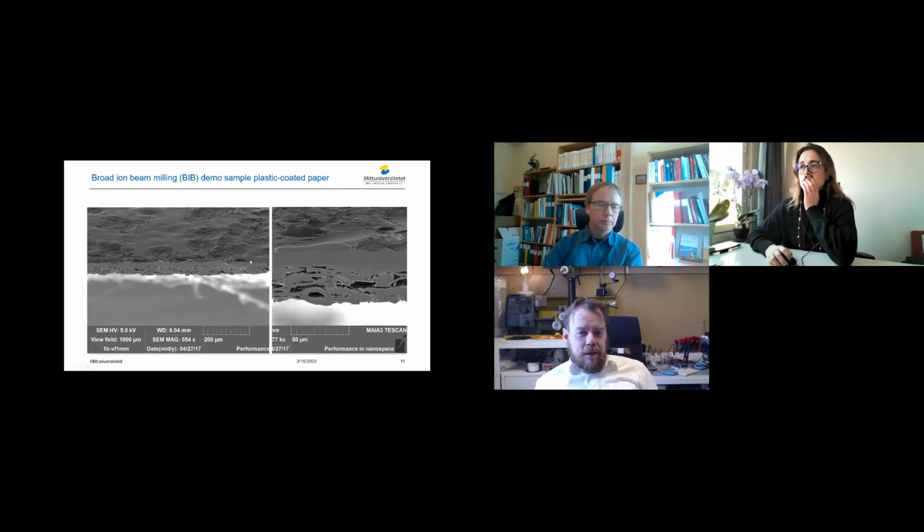The dark top area here is the surface of the plastic that is coated on top of the paper. We are only interested in the cross-sectional area, and that's what we see here in the centerpiece. The right picture is a magnified area of that section, so it's easy to see how the results look. This has been prepared with this broad ion beam tool.